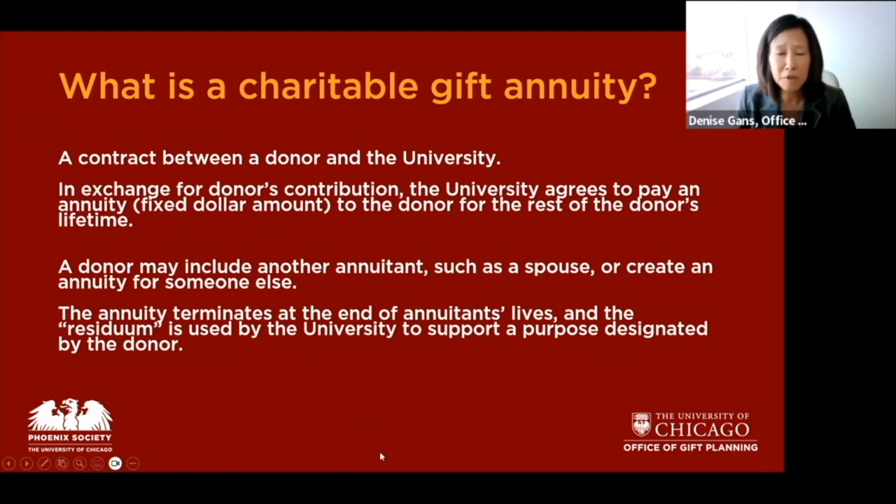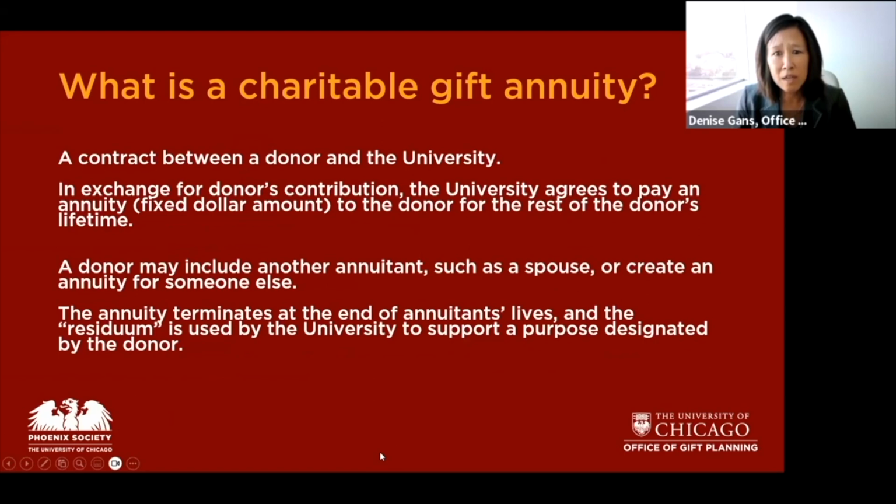And the university is going to pay this fixed amount to the donor for the rest of the donor's lifetime. The donor may include a spouse as a joint and survivor annuitant, which means that the full amount of the annuity will continue to be paid to the surviving spouse for their remaining lifetime. And a donor can also create a gift annuity for someone else, such as a friend or a relative.